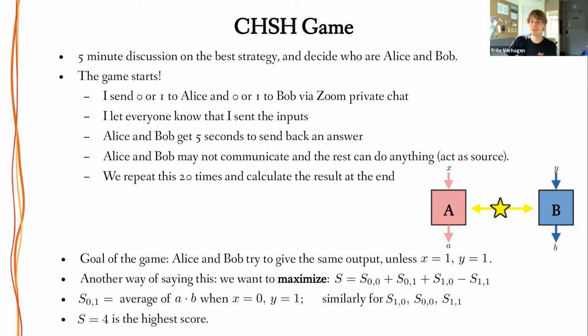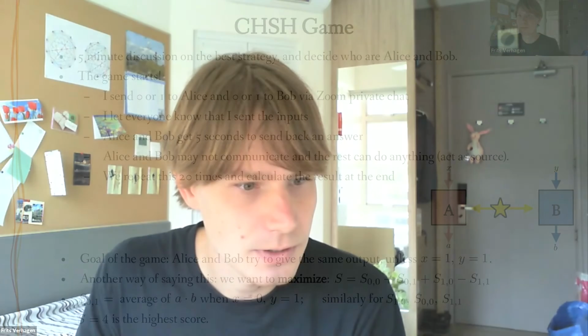Do we have any volunteers for Alice and Bob? Choose freely, Frits. Yeah, I think I should. No volunteers. I can be Alice. I was hoping a student would volunteer, but otherwise that would also be possible. Ah, we have a volunteer for Bob. Jun Cheng wants to be Bob. Thank you. Why don't you want to be Alice?